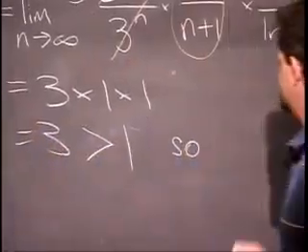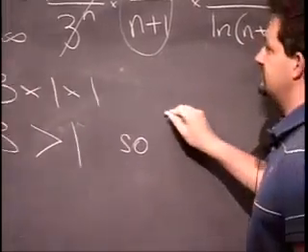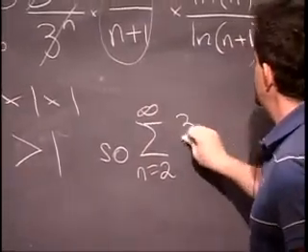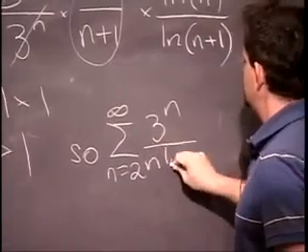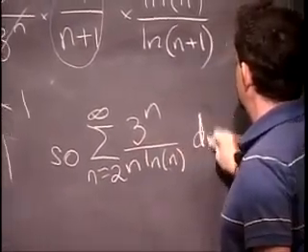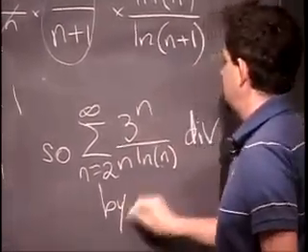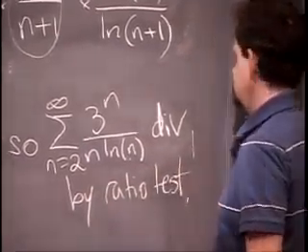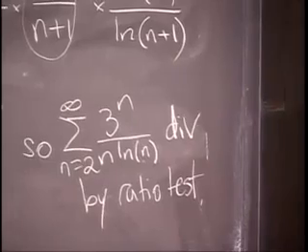So, the original series, 3 to the n over n log n, diverges by the ratio test. Nice.